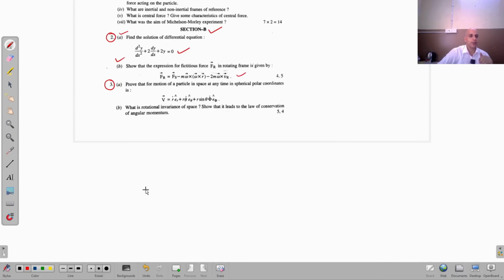The differential equation is d square y upon dx square plus 2 dy upon dx plus 2y is equal to 0. This is the answer to section A, right, of question number 2.